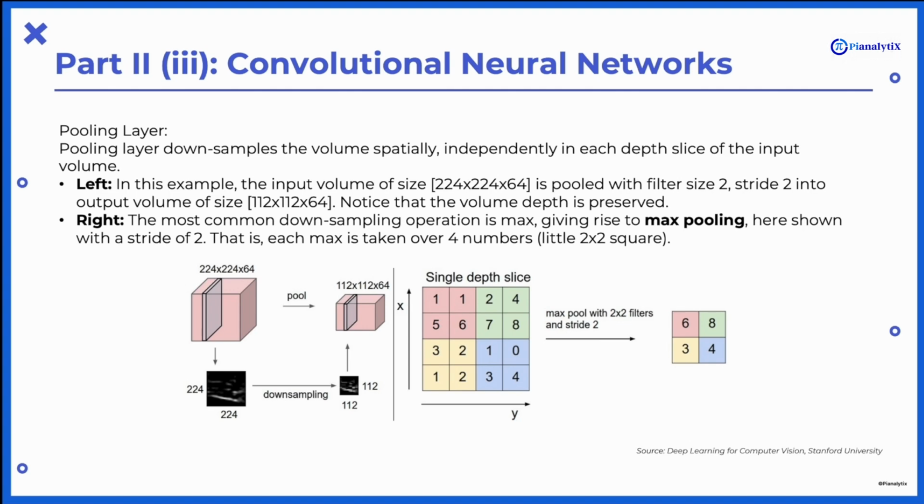This is only possible if the pooling filter size is set to 2 and the stride is set to 2. The right-hand side image shows one slice from that volume. The slice shape is 4 cross 4, and with a 2 cross 2 max pooling filter, which takes the maximum value of the pixels in that area, the size is reduced to 2 cross 2.